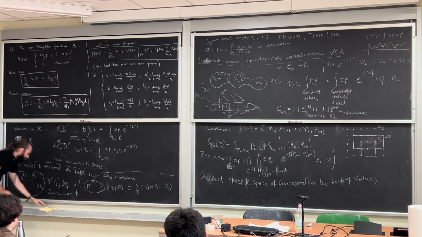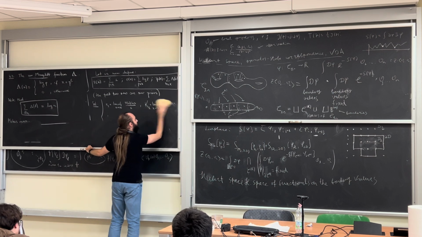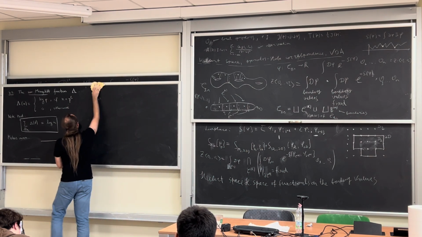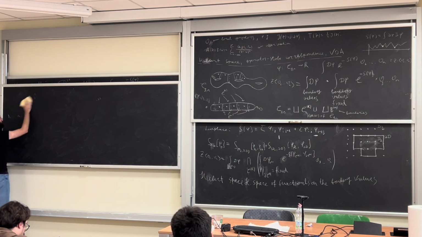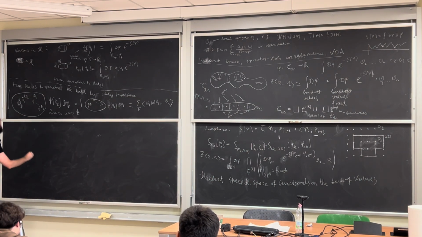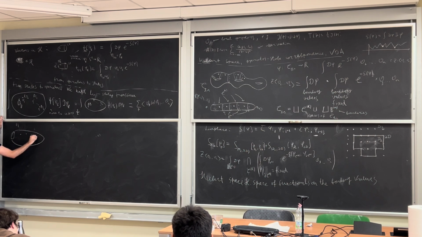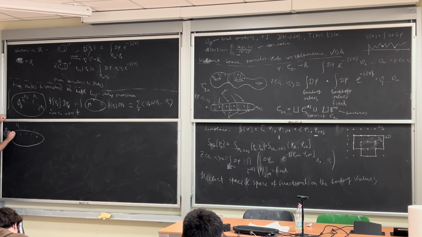So this whole integral equals to kind of this object. So this equals to this sphere with the hole, and here we glue this filled cup on this boundary.